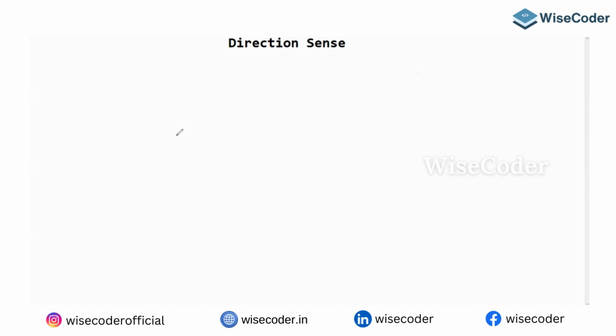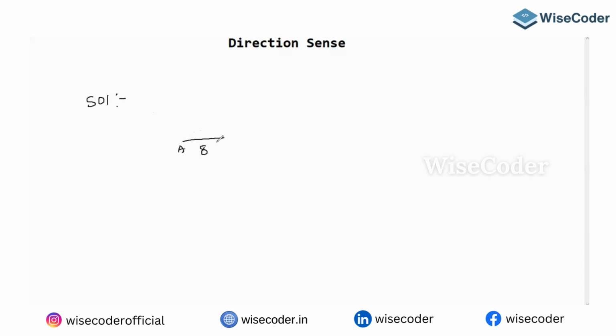Okay, let's see the solution. A person travels a distance of 8 kilometers towards east.